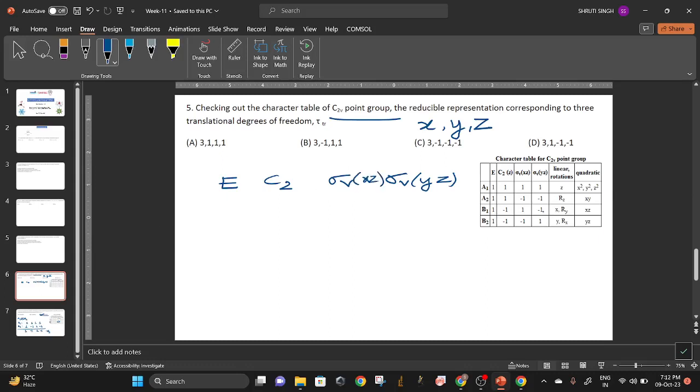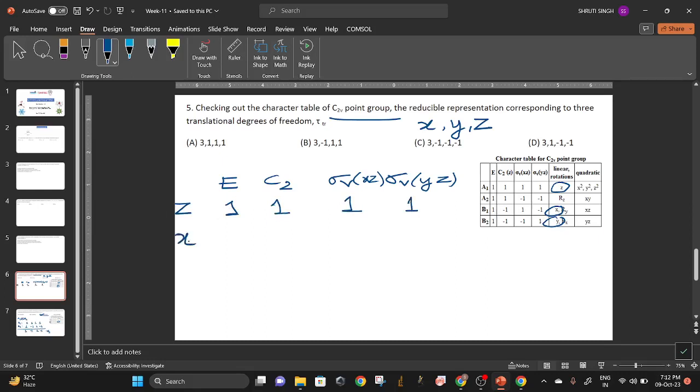Now for X, what do we have? Or you can simply write Z first because Z is first. Z is totally symmetric. Here is Z, here is X, here is Y. So for Z we will have the totally symmetric, all 1.